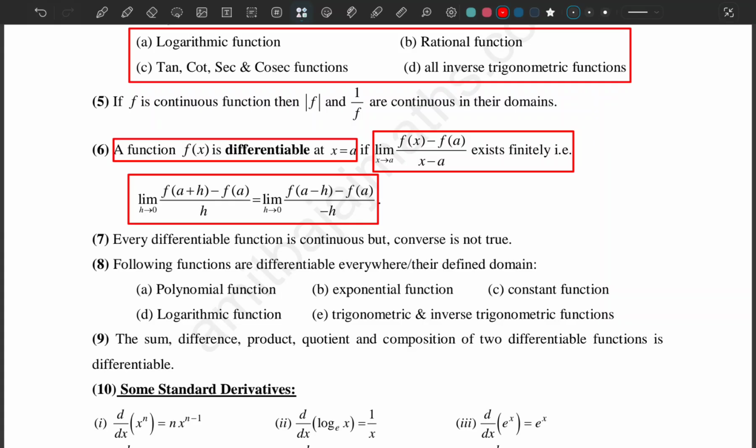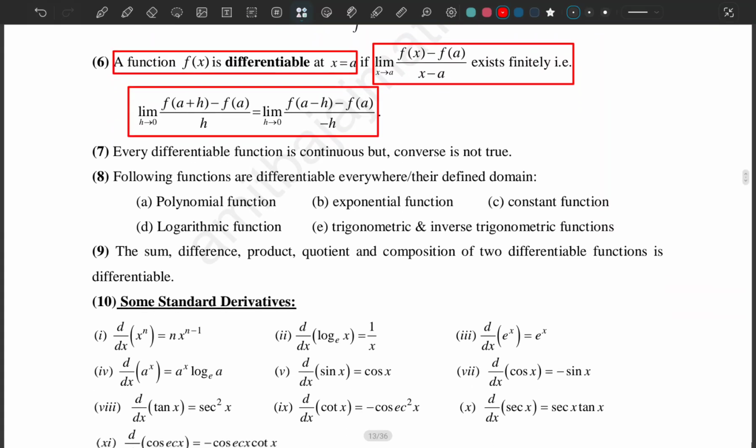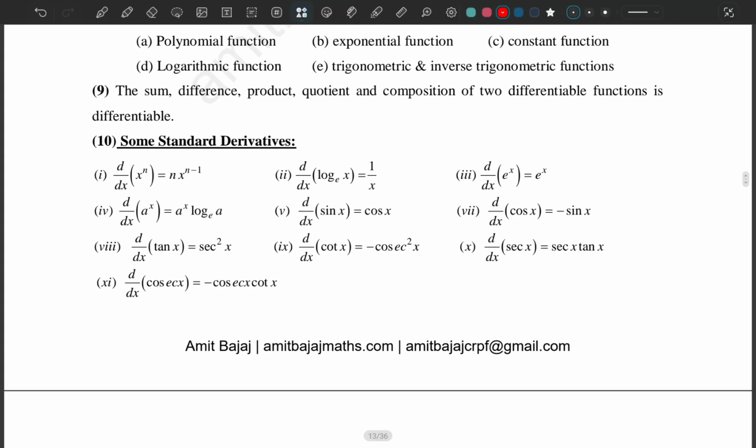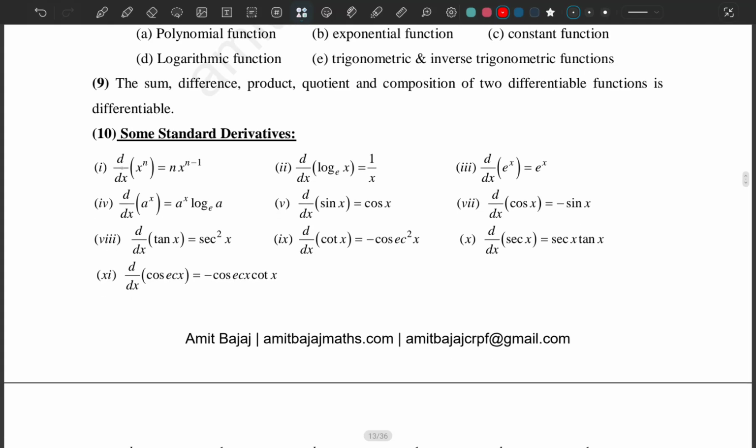You just have to replace h with minus h on the left hand side. That's it.